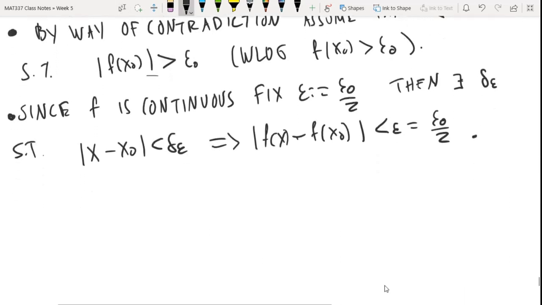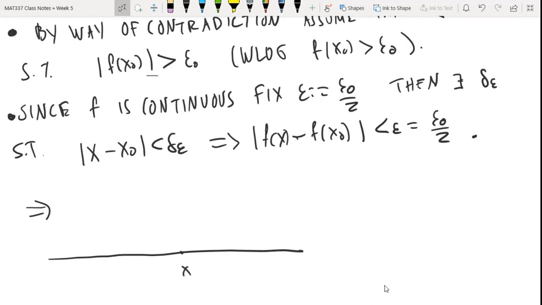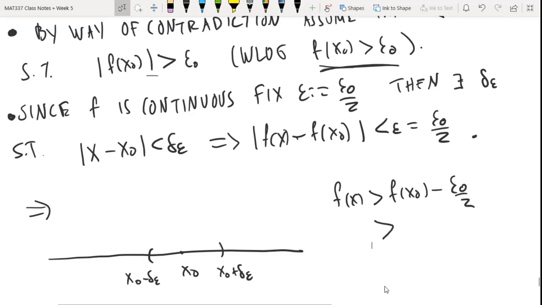But what does that say? It says that if you look at around x naught and you look at the ball, x naught minus delta epsilon, x naught plus delta epsilon, it says that f of x is bigger than f of x naught minus epsilon naught over 2, which by assumption is epsilon naught over 2.